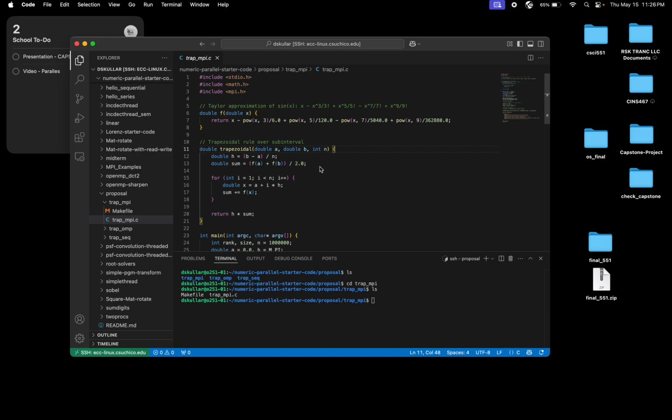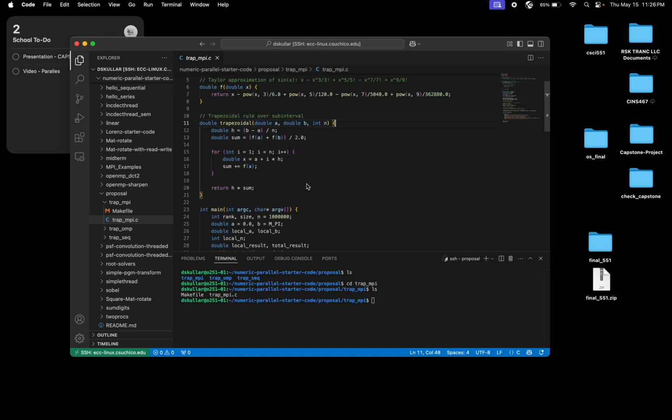This interval is split evenly across the MPI processes, each computing a portion of the integral using the trapezoidal rule. The results are then combined using MPI reduce to produce the final result.